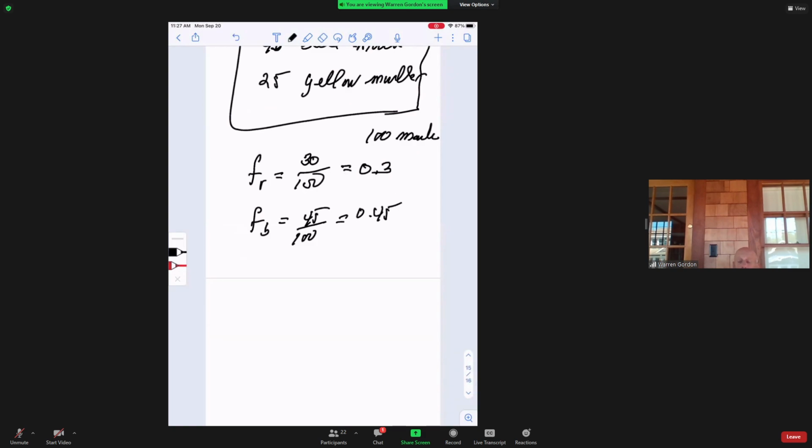This is if you repeated this experiment infinitely often. It might happen that if John Smith did this experiment 10 times, maybe he doesn't get a red 30% of the time. But if you repeated this an infinite number of times, this is what should happen. And for the yellow one, similarly, it would be 0.25.